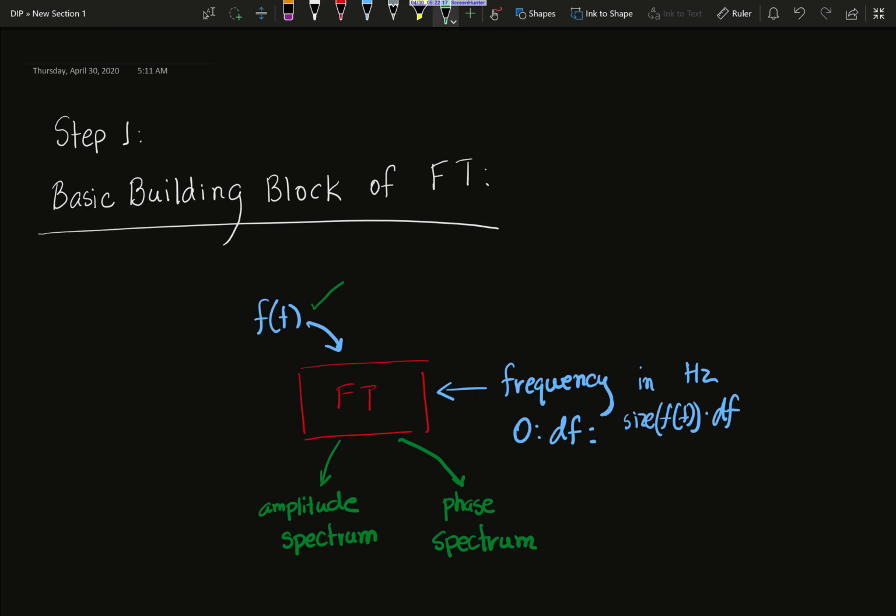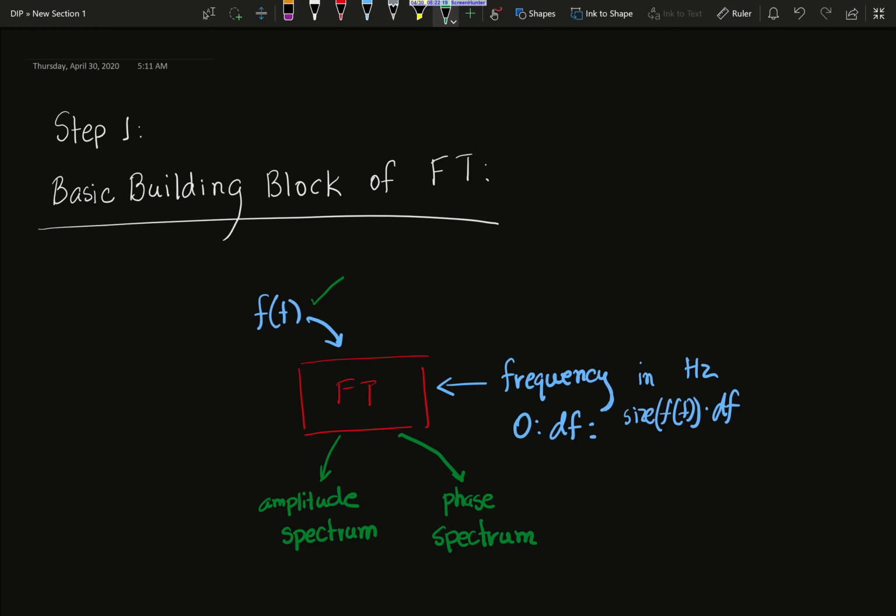So if we think f of t has a finite number of values, say 500 values, it's gonna give all of the values to the Fourier transform block, this magic block, this black box.